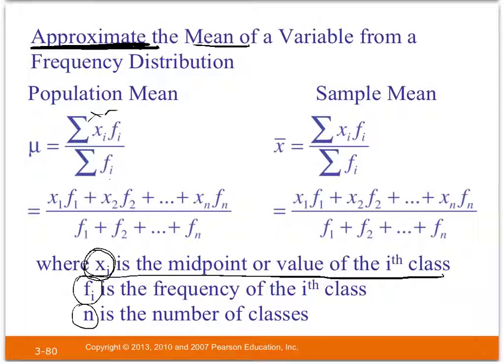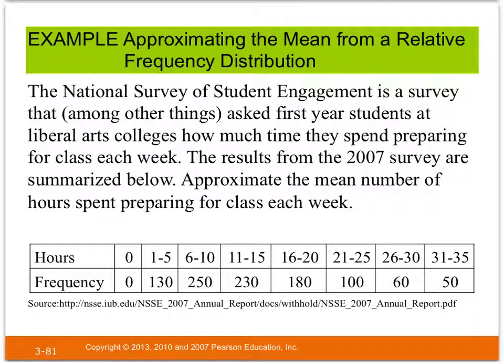I hope that makes sense to everyone. Okay? So we multiply the midpoint by the frequency for each data class, and then we add them up. And then we also add up the frequency in each class, and we divide the two. We do that for both sample and population mean. So for both population and sample mean, we are going to do the same calculation.